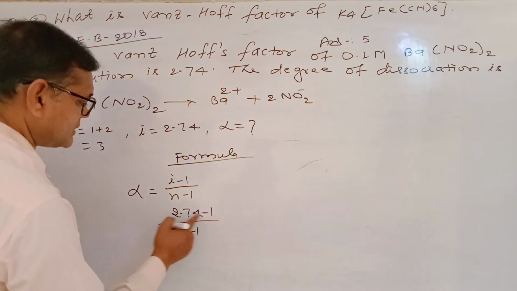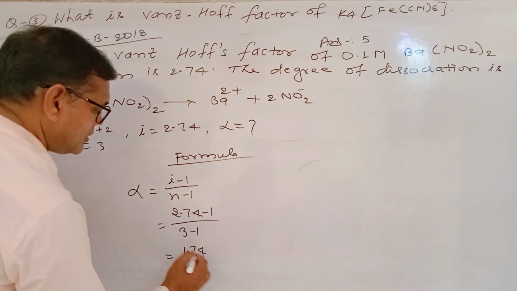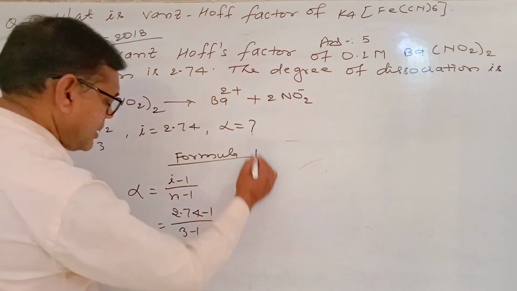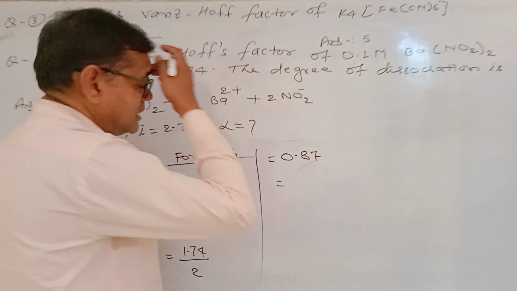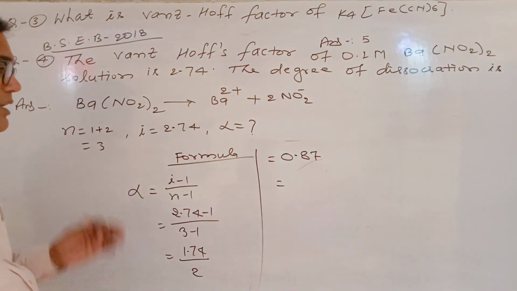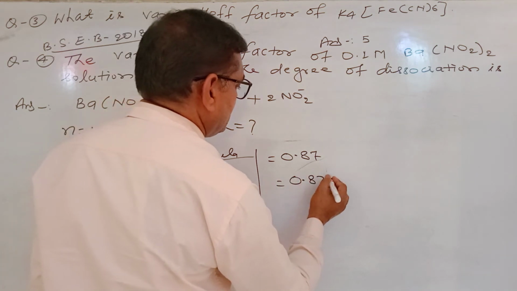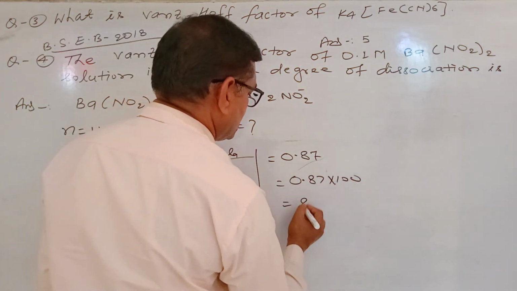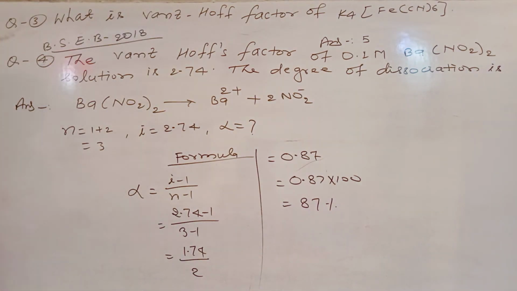We subtract 2.74 minus 1, 1.74 upon 2. We divide, we get 0.87. Then we want it in percent. Therefore here we write 0.87 into 100 is equal to 87%. The degree of dissociation in percentage is equal to 87%. Now we write next question.